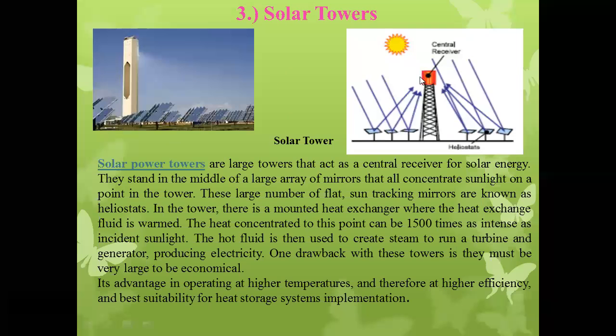In this red colored part we get the heat exchange between the working fluid and the solar radiation. The heat concentrated at this point can be up to 1500 times as intense as incident sunlight.